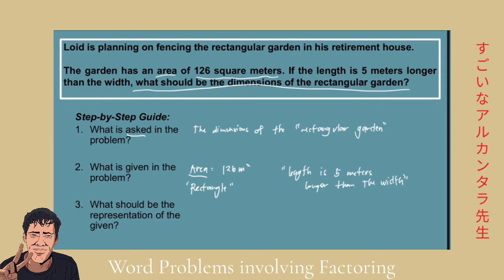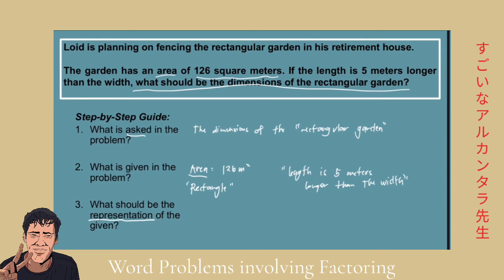Length is 5 meters longer than the width. This is the part wherein we apply representation. I would like for you to understand that in some exams or lessons, they ask you to use a certain variable. But since in this given problem that Lloyd is working on, there is no given variable, you could use your own.